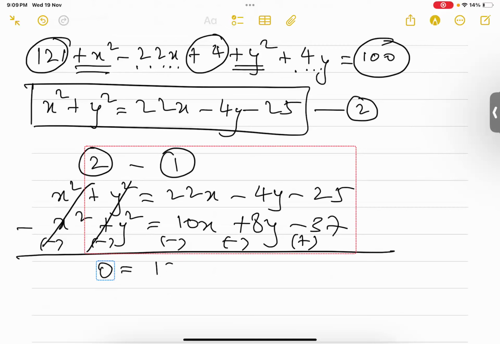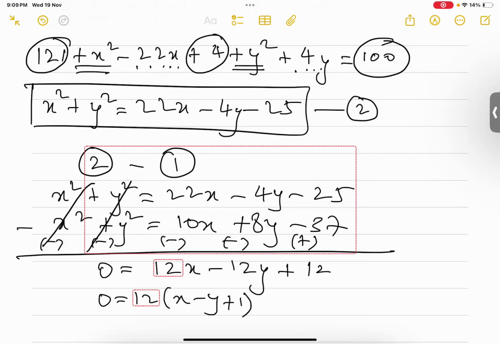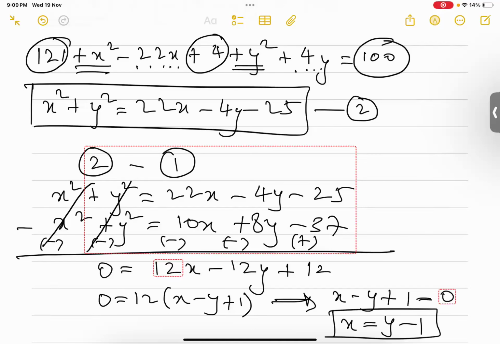And this is 12x minus 12y plus 12. Take 12 common. So this gives you x minus y plus 1 is equal to 0. So x is equal to y minus 1. We got the value of x as y minus 1.